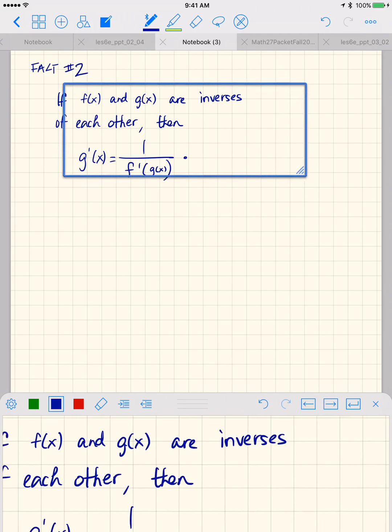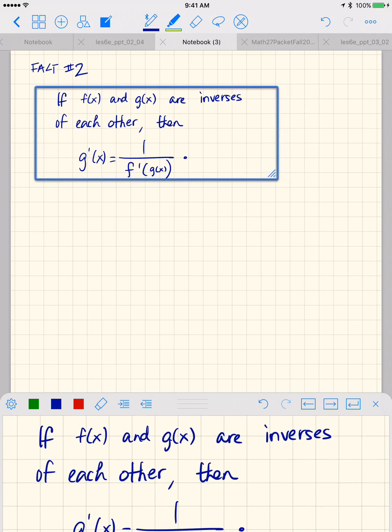Okay? So now, do you remember what it means for two functions to be inverses of each other?